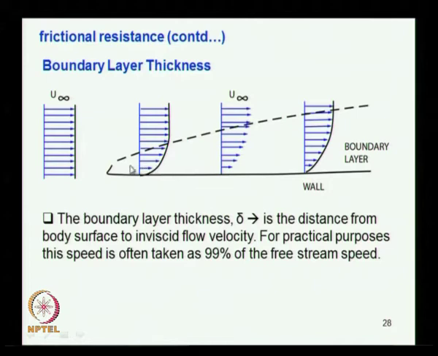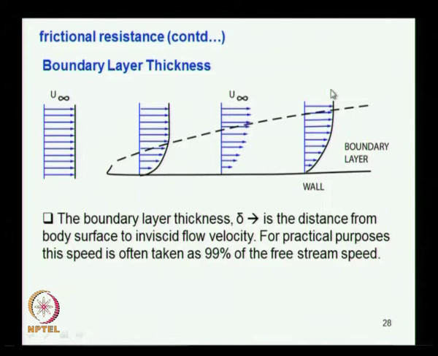You can see that this is a boundary layer, and this is a velocity profile, this is a wall which is stationary. So there is 0 velocity here at the wall, but away from the wall it has to attain the free stream velocity. So this is the free stream velocity.